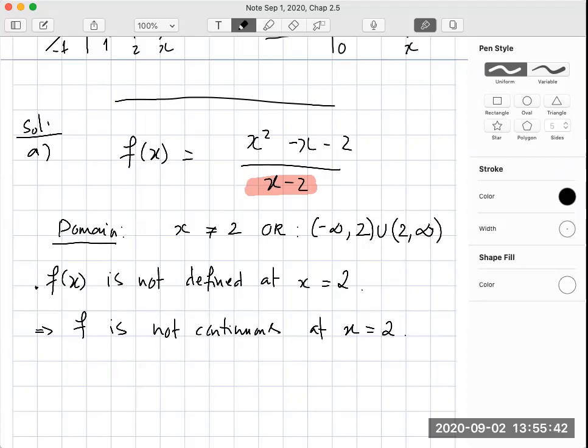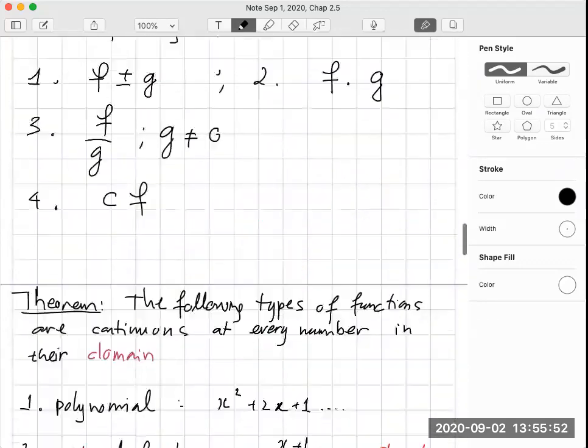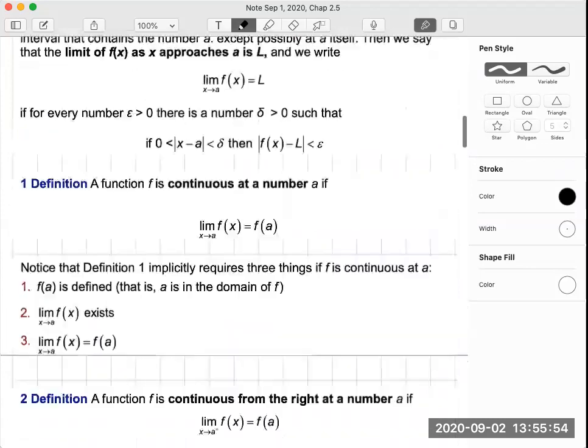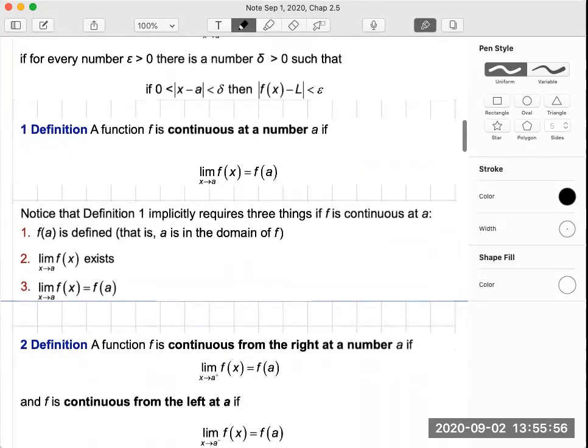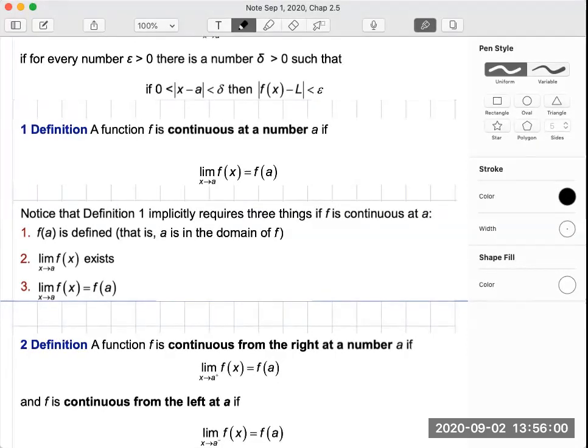Okay? Because from definition, a continuous function should be defined at that point, right? We mentioned that yesterday. First, it should be defined at that point. Then the limit of this should exist, and the limit should be the evaluation of this at that point.